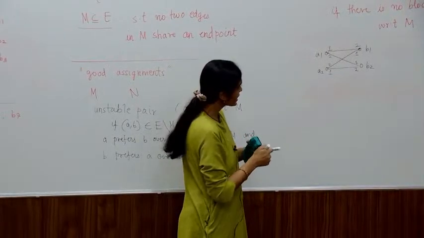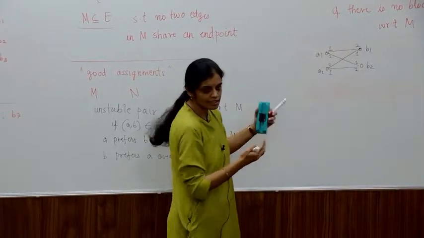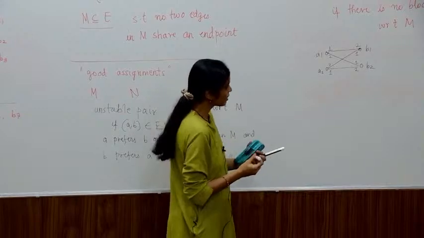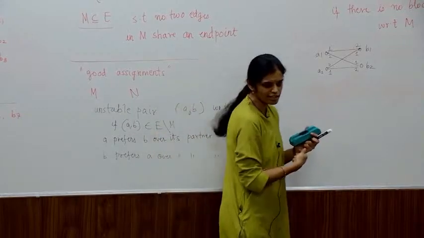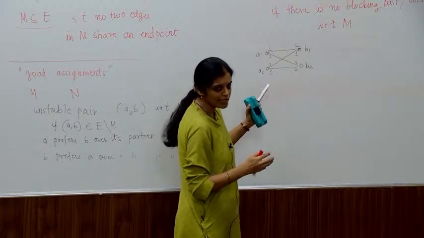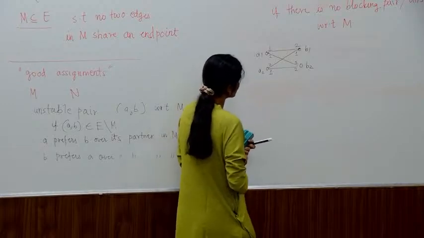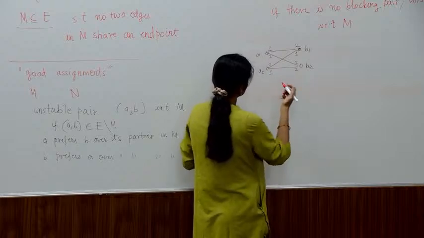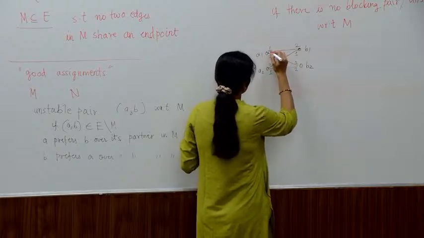Let's ask whether this instance admits a stable matching or not. We should not look at the empty matching because the empty matching will not be stable. I'll also not look at matchings which are not maximal.